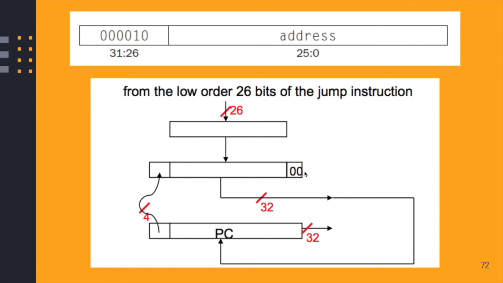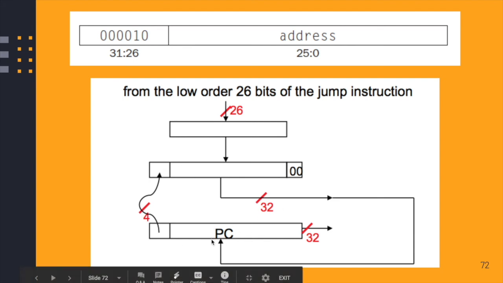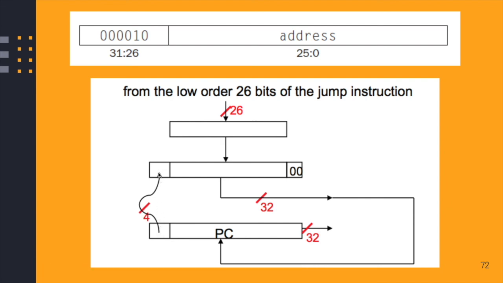There are 4 bits missing to form a 32-bit address. How to form a 32-bit address? If I have the program counter, this is the normal program counter, I will take the most significant 4 bits and use them as the most significant 4 bits of our address. Listen carefully. The program counter is 32 bits.